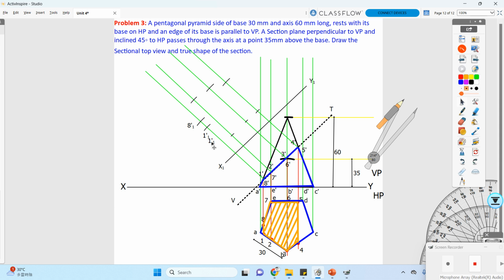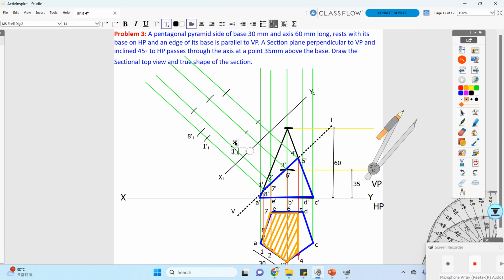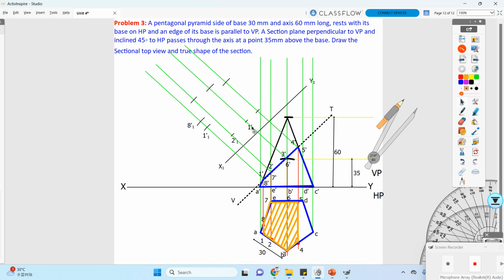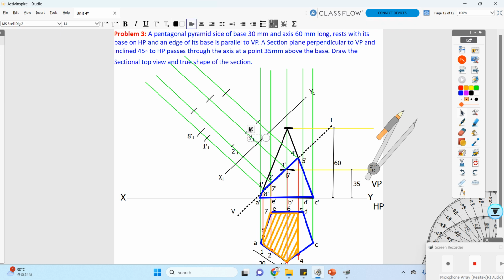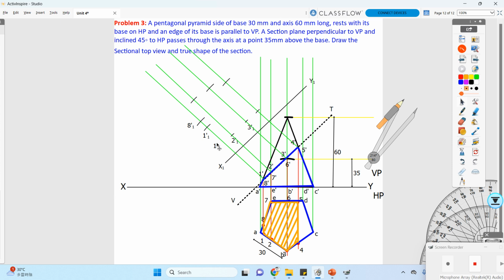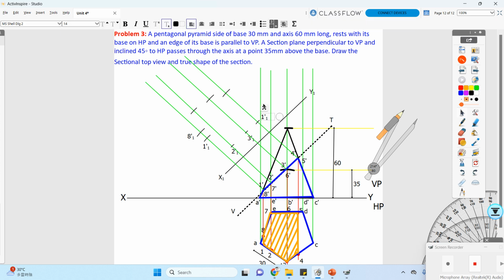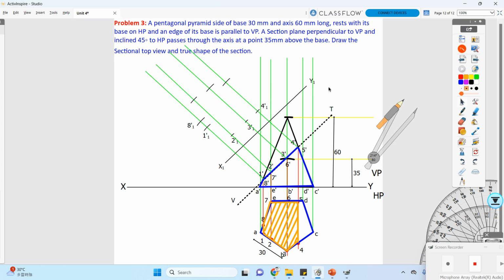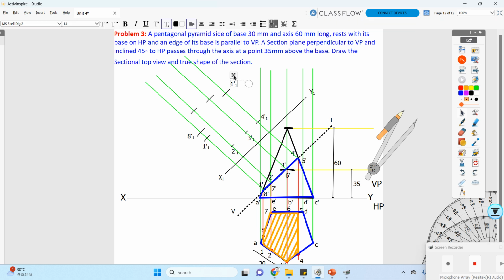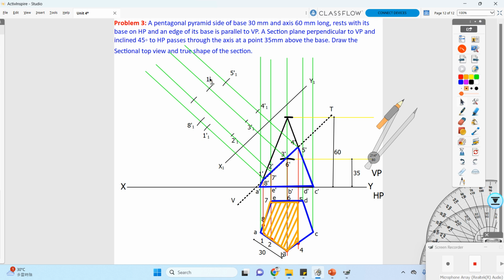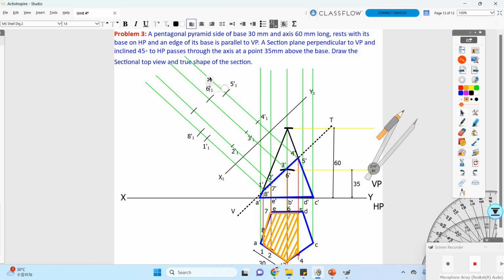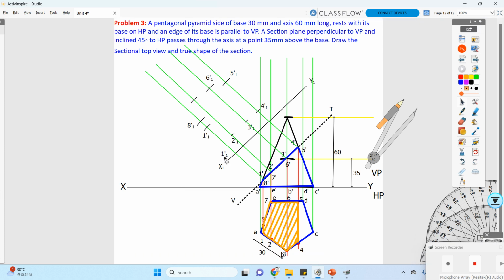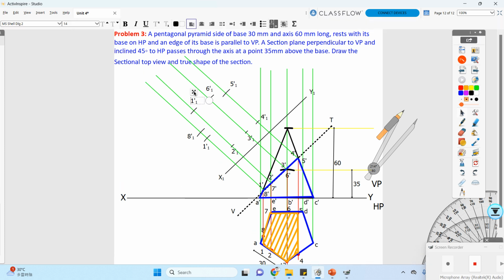Then this is my 2 dash of 1. Then this is my 3 dash of 1, and this is my 4 dash of 1, and this is my 5 dash of 1. This is my 6 dash of 1, and this is my 7 dash of 1.